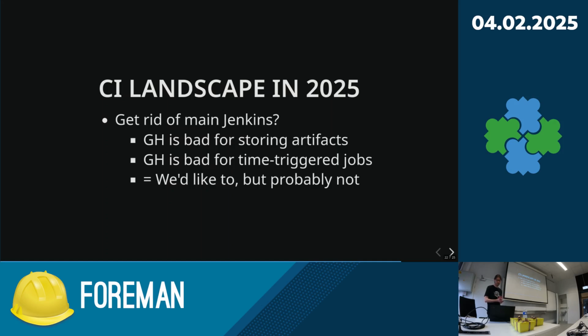So another one, time triggered jobs. Jenkins is very good at keeping to a schedule. The downside with GitHub Actions is that if you don't push anything to a repository for more than, I think, 2 months, it disables the cron job, which is really annoying. Which also disables the artifacts. Only if they're in the same workflow, which we used to have.